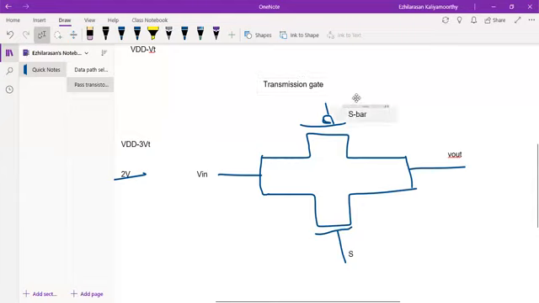Now we can say the transmission gate is a bidirectional device. So I can give the input through here and get the output here, or I can give the input here and the output also here. Next, S and S bar.